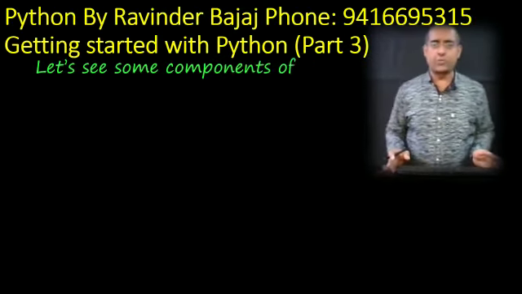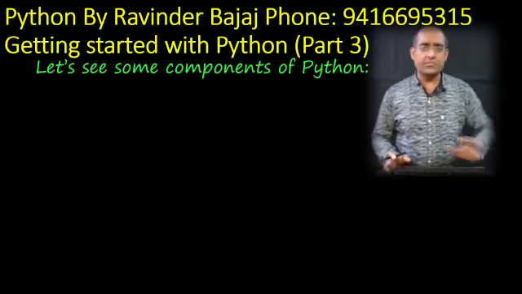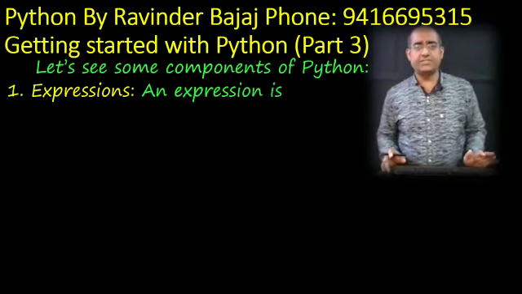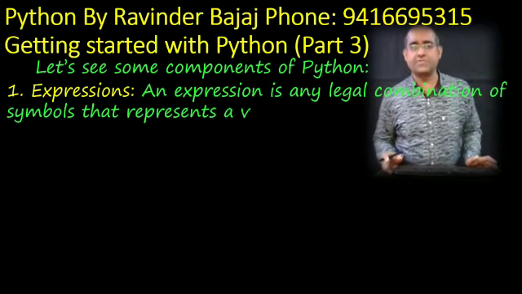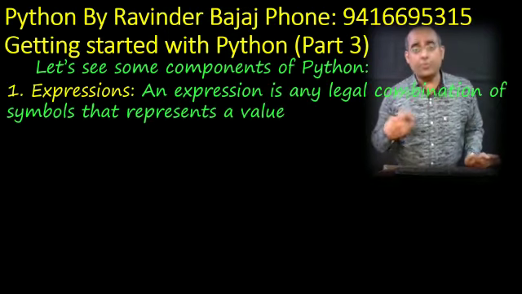Let's talk about some components. I have shown you a program. On the basis of that program, let's talk about the components. First one is expression. An expression is any legal combination of symbols that represents a value or that will provide us some value.